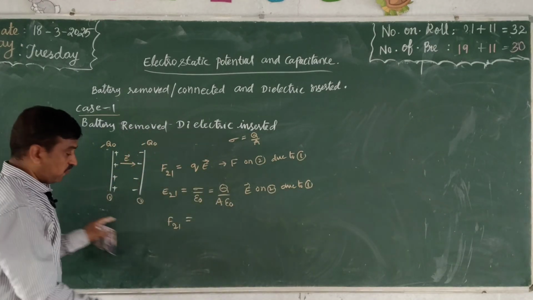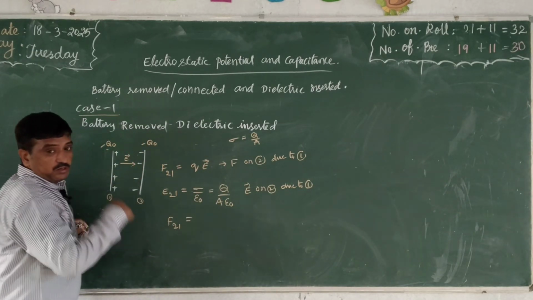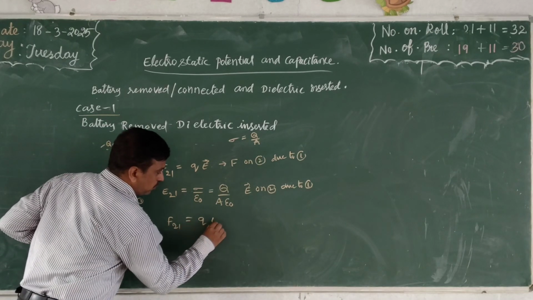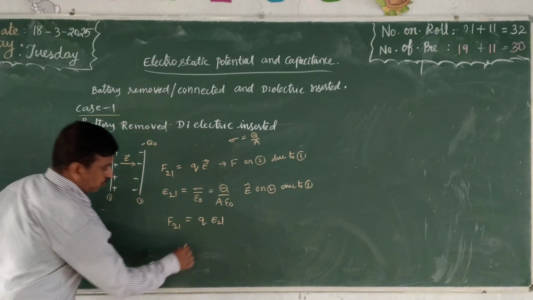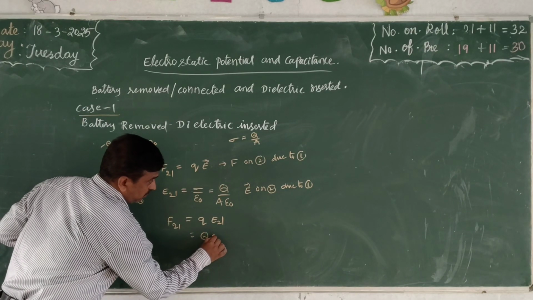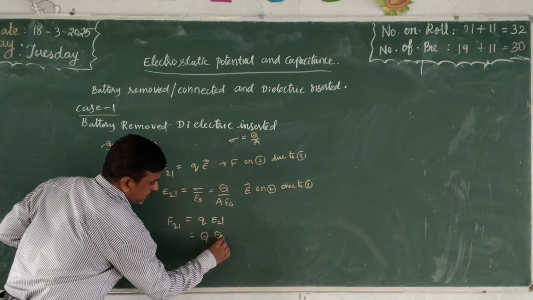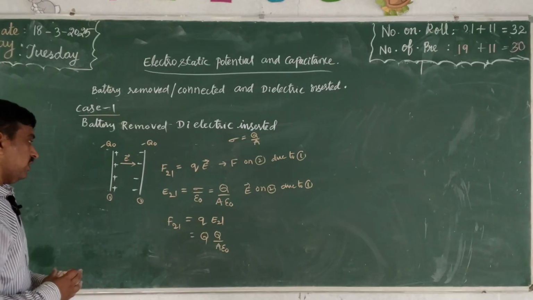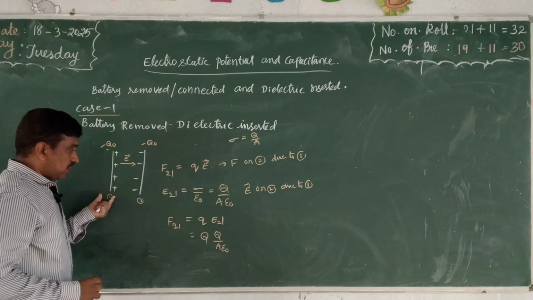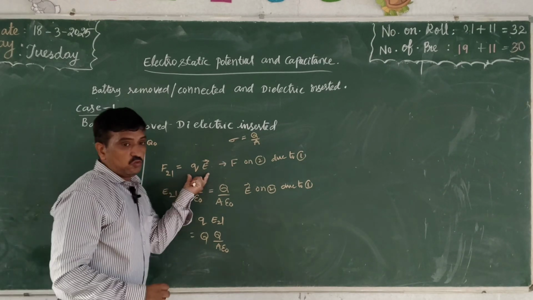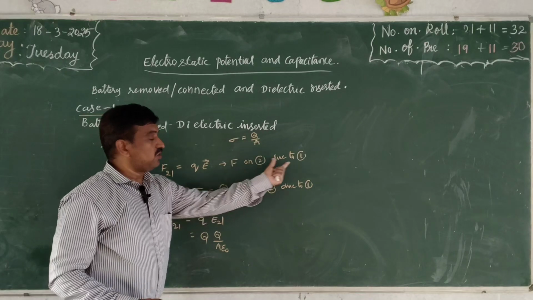The force is Q into E21. What is Q here? Charge is Q. So the electric field is Q by A epsilon naught. One more important point: force on the second plate due to the first plate, what can we write? Q into E.